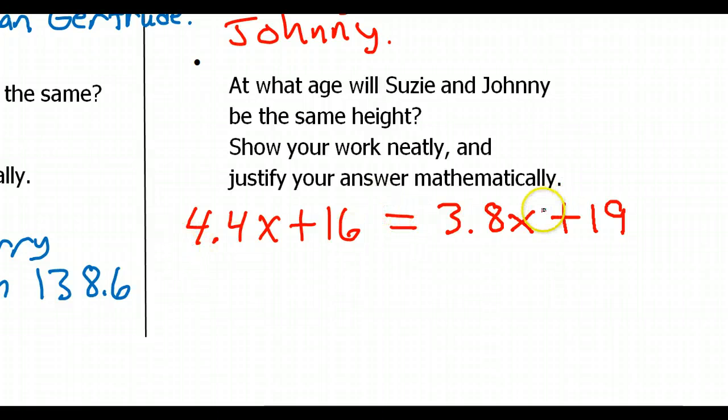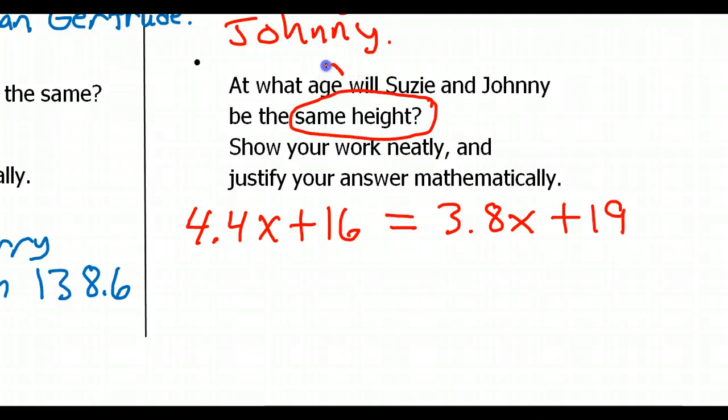I can make these equations because we're saying that they will have the same height. If their height is the same, I should be able to set these expressions equal to each other because the expressions should both equal the same height. Now remember, x represents the number of years that have gone by.